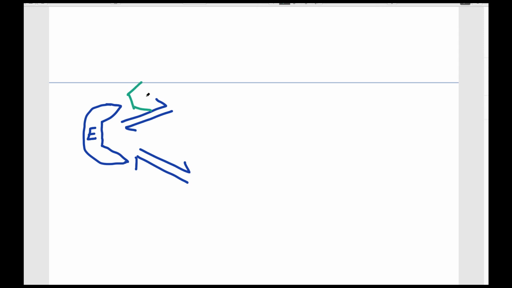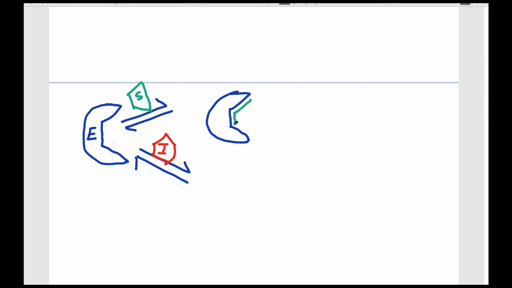This is the substrate, and this one is the inhibitor. Now let us see how the complex formation takes place in both the cases.